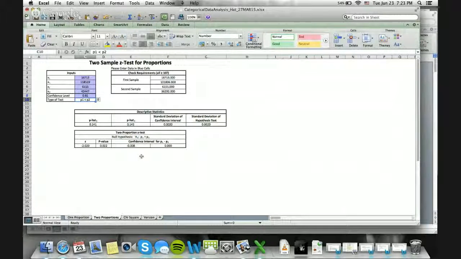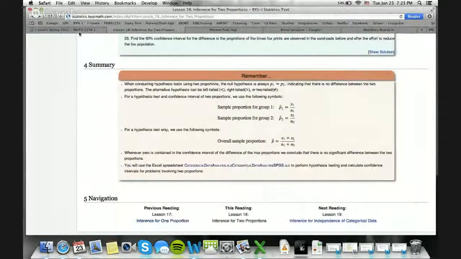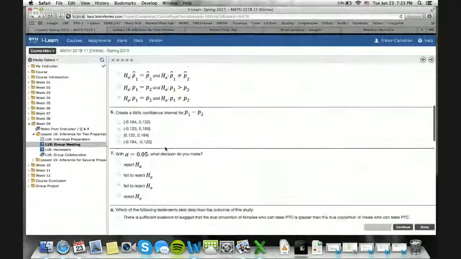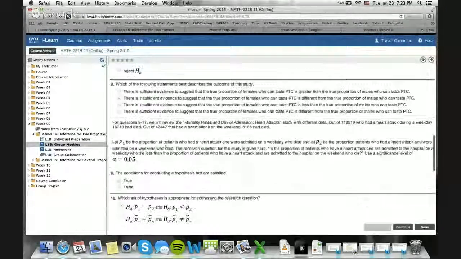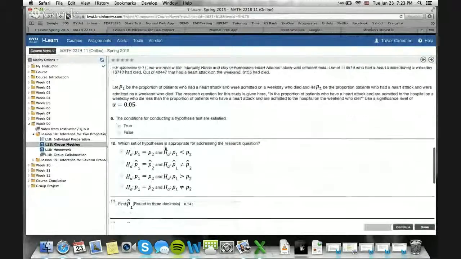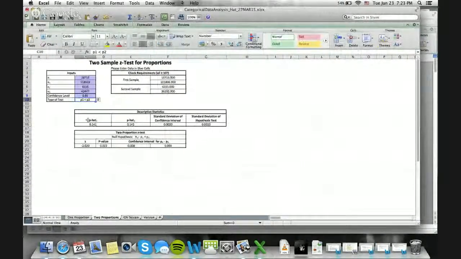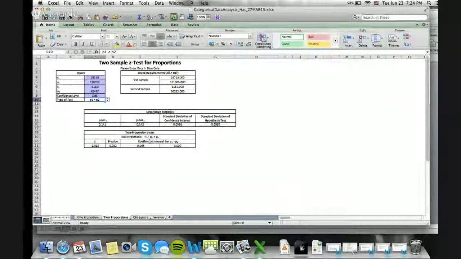Oh, that's cool. And that's for the whole assignment? Yeah, the first half up to 8 is one set, and from 9 to 17 is another set. So you just put it in up here, and it spits out all your answers. It's pretty fast. That's pretty cool. I mean, that's what it says to use in the text.